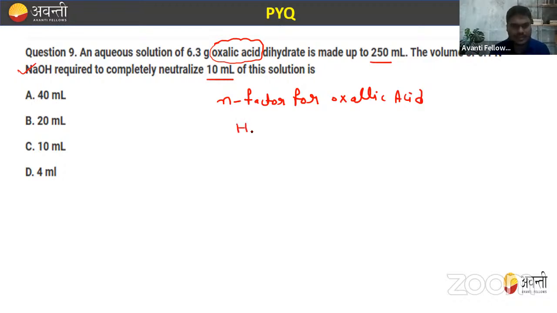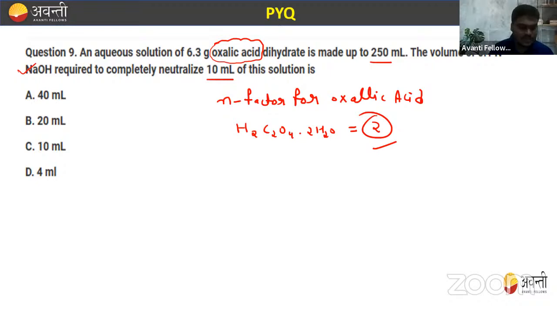We know the formula of oxalic acid, H2C2O4.2H2O. For oxalic acid, the N factor is equal to 2. We already discussed this in normality, that is how to find the N factor for an acid, base or salt. So the N factor is 2 for oxalic acid.